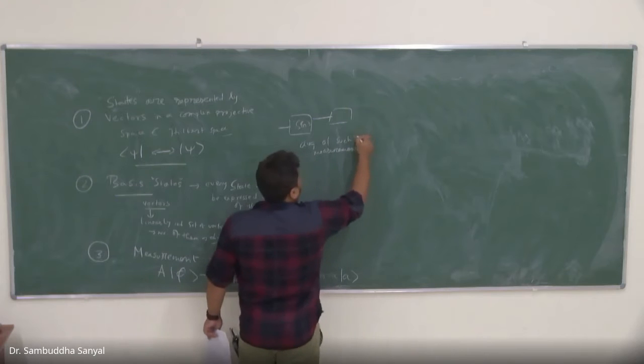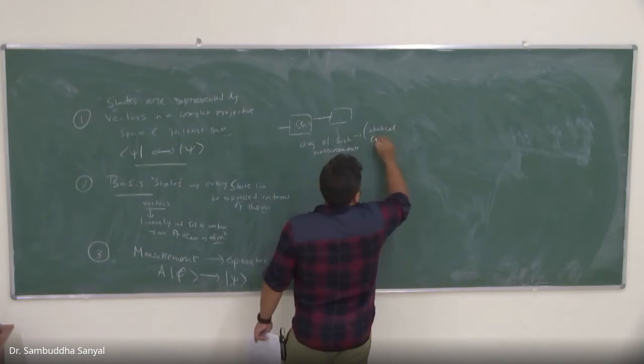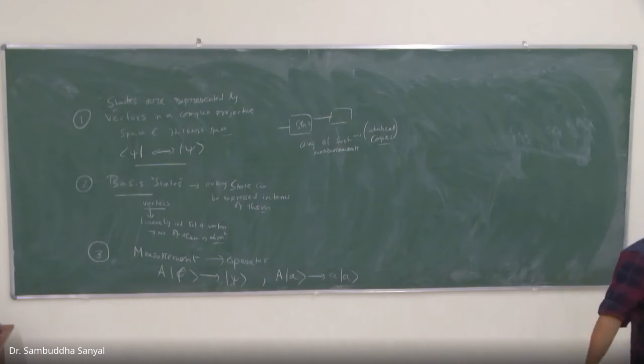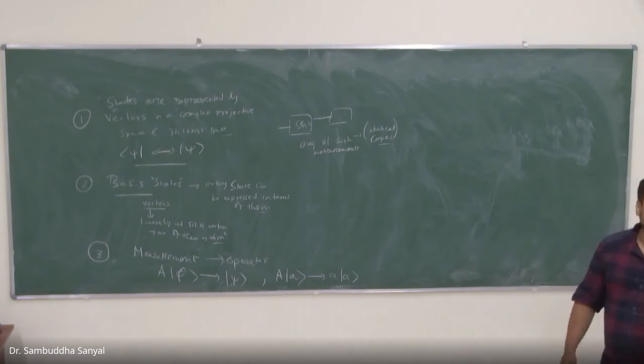Okay, I need to write down: identical copies. You might ask how I guarantee that if I have 10 electrons, they are identical. This is the problem of coherence. One of you was asking about this coherence point. Who was asking about coherence?